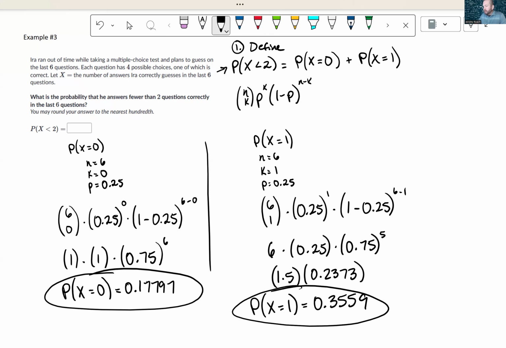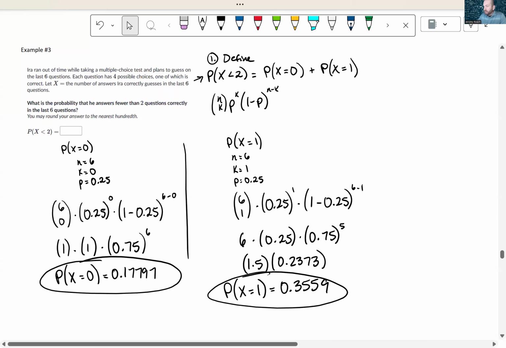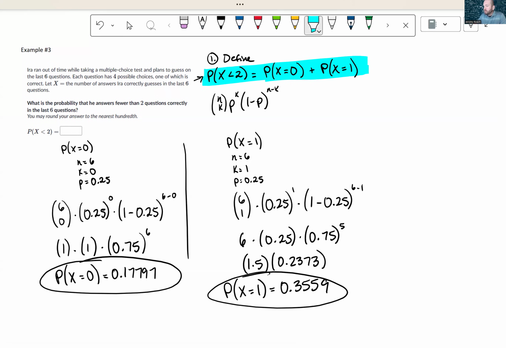Our very last step is to find the probability of answering less than 2 questions correctly. We're going to use the formula that we defined in the very beginning and just add those together.